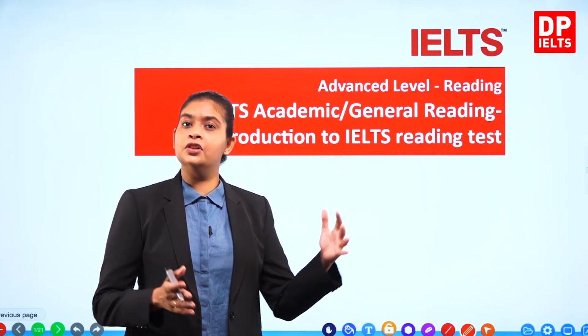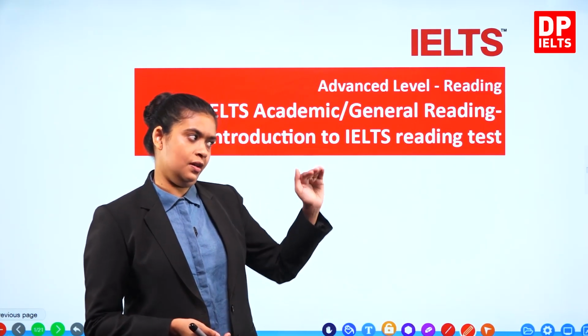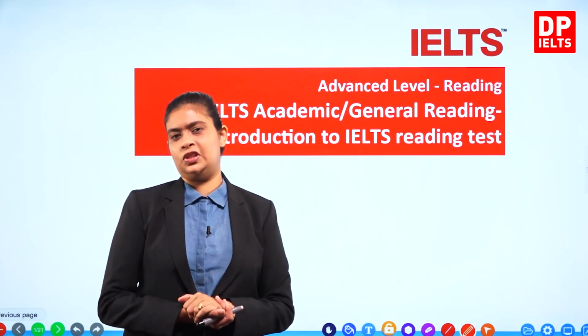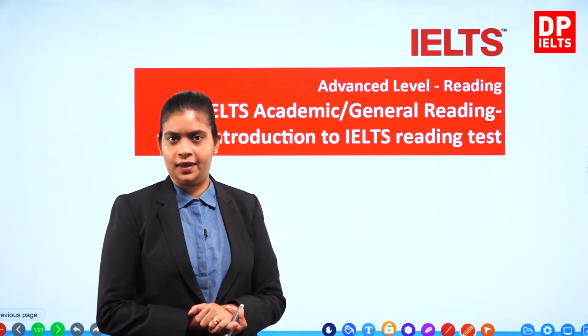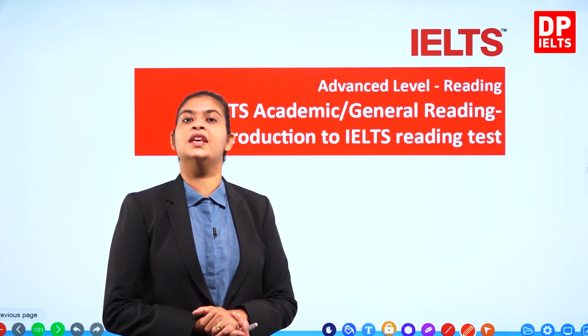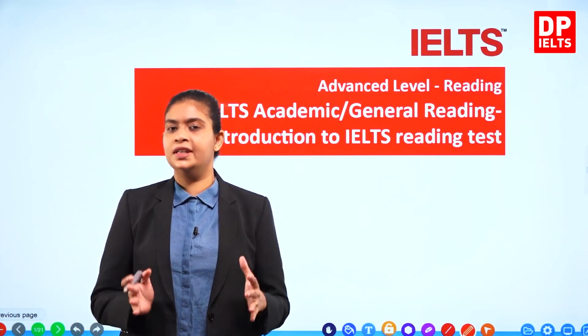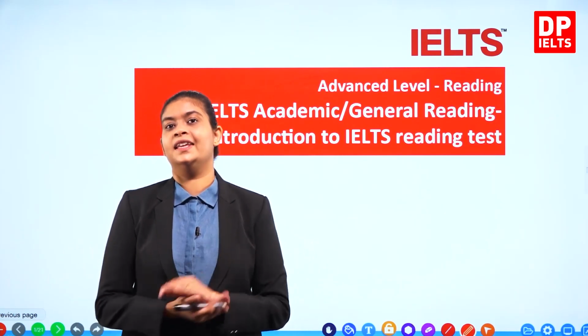So if you're doing GT, General IELTS, you need a bit higher of a score than the academic students, because academic is a bit more difficult, okay? So with that, we have come to the end of the lesson, which was an introduction to the reading paper of the IELTS exam.